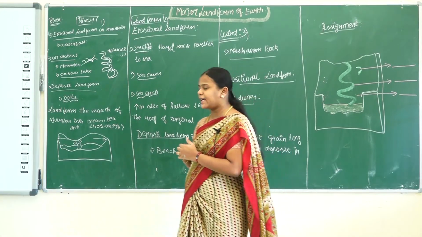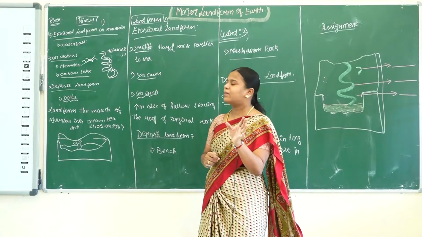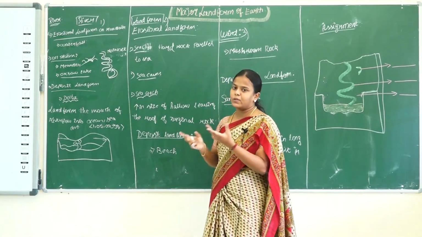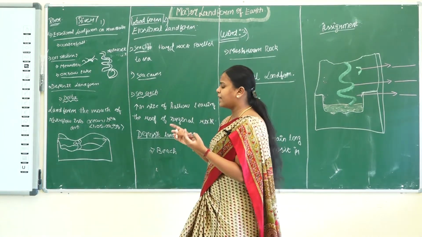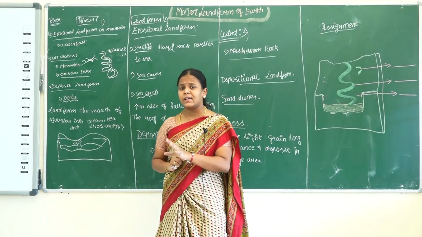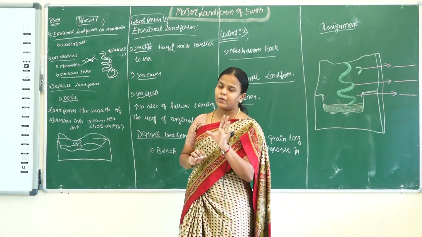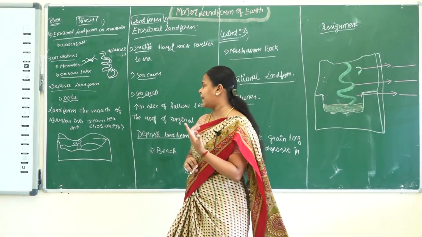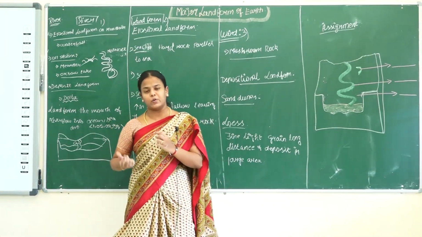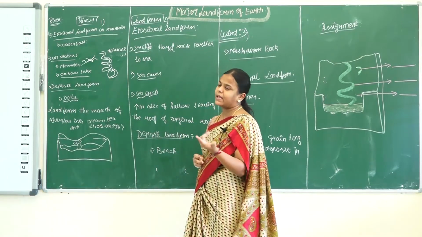Coming to sea cliff, the sea waves hit the hard rock, and the steep rock parallel to the sea is known as a sea cliff. Coming to sea caves, when the water hits the rocks day by day, the force makes a crack in the rocks, and the crack becomes huge, so that it makes sea caves.